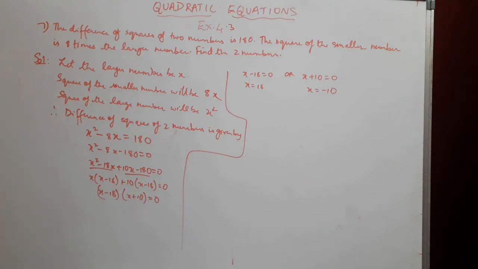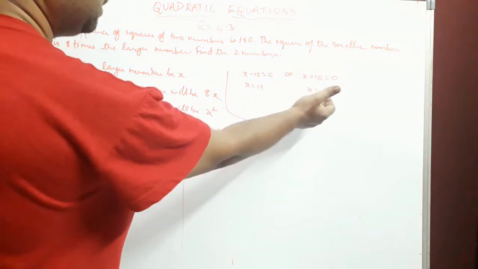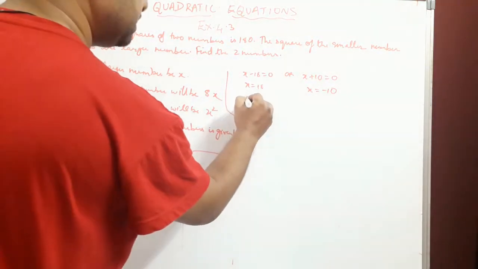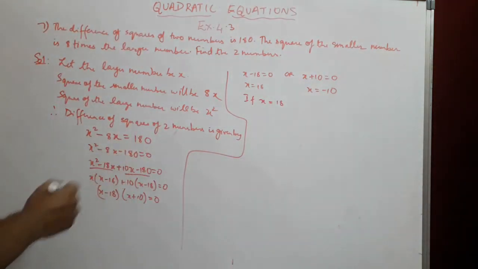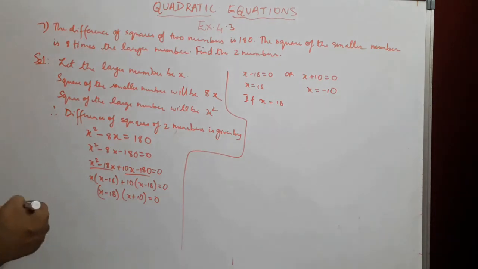In this case, both of these can be candidates for our numbers, so we'll have to try both case scenarios. If x equal to 18, then what do we get? In this case, we will have to see what will be the two numbers.